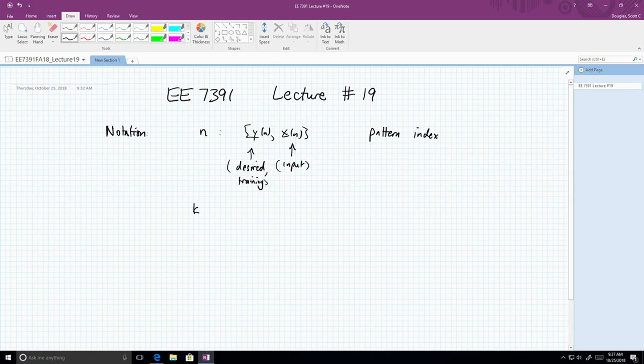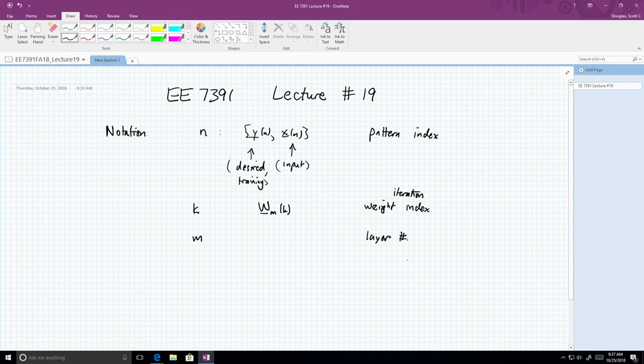And then we have k, which is associated with the w, W_m sub k. This refers to the weight iteration index. And then of course there's m, which is the layer number.